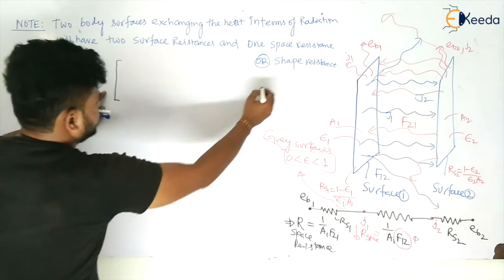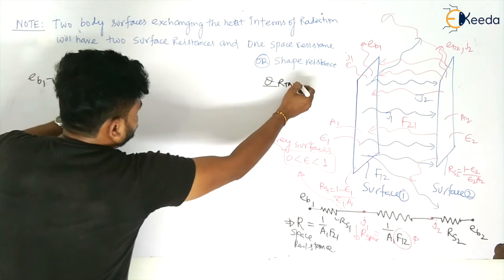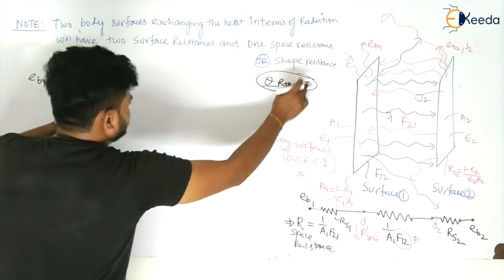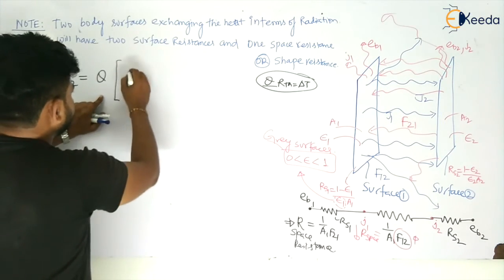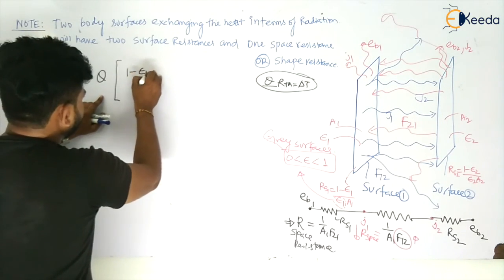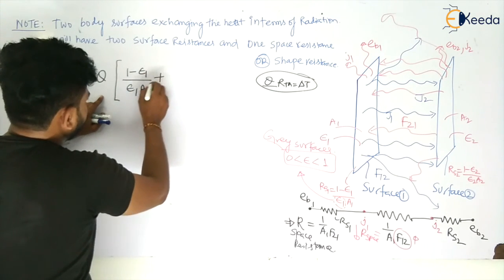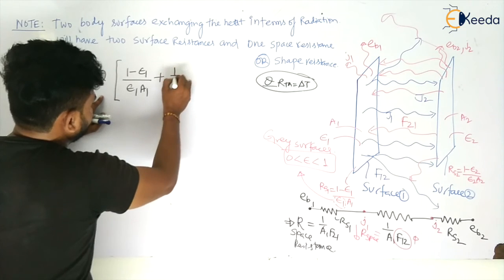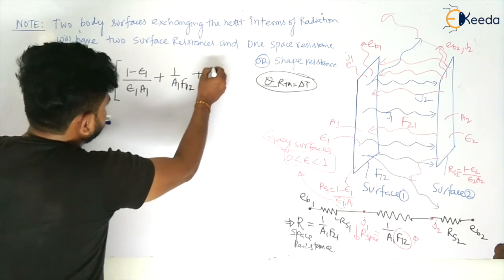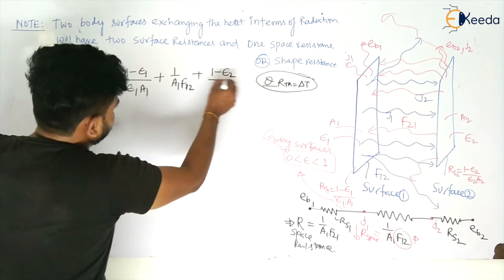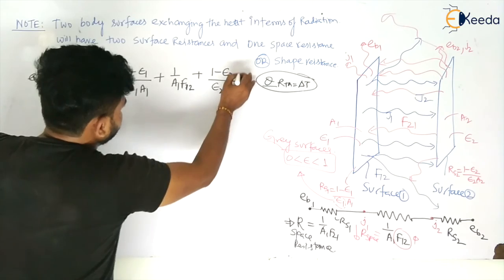So Q into R thermal is nothing but equal to delta T. From this concept, delta T, EB1 minus EB2, my dear students, is equal to Q of (1 minus epsilon 1) upon epsilon 1 A1, plus 1 upon A1 F12, plus (1 minus epsilon 2) upon epsilon 2 A2.